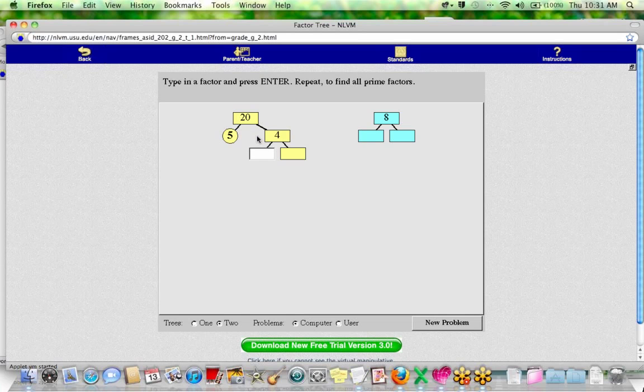Okay. Oh, perfect. Do you notice what it did right here, guys? It stopped. There are no factors for 5 because it is one of those numbers I was telling you about called a prime number. The only thing that you can multiply to get a 5 is 1 times 5, and that's it. So that's why it stopped. However, there are some factors for 4. Who wants to give me those?